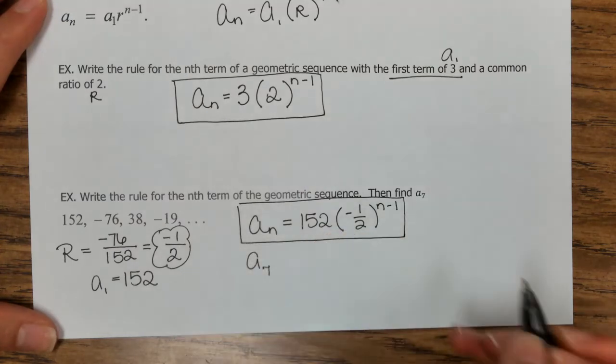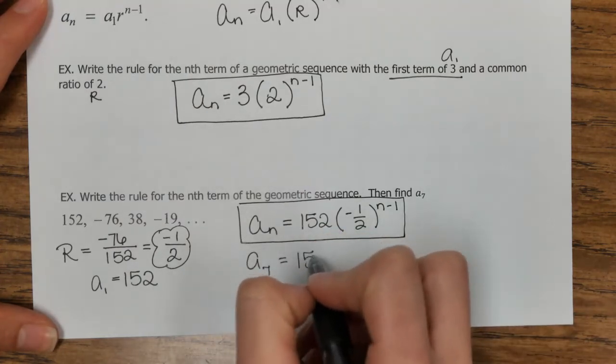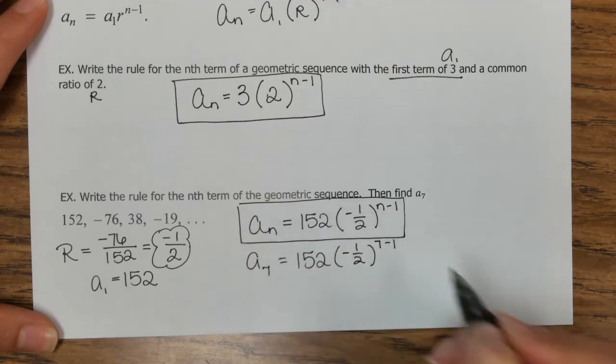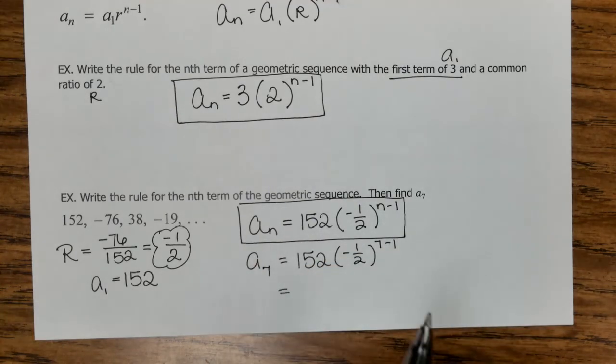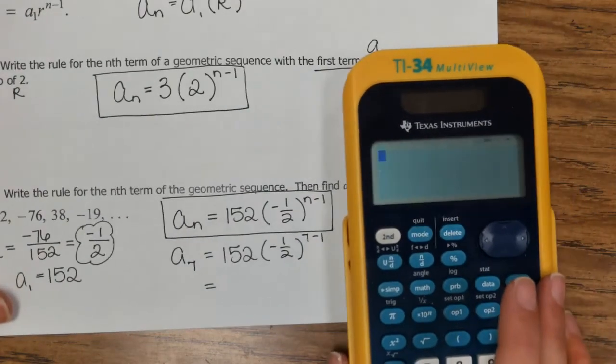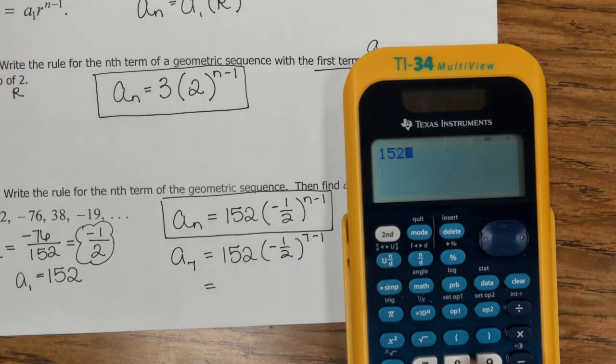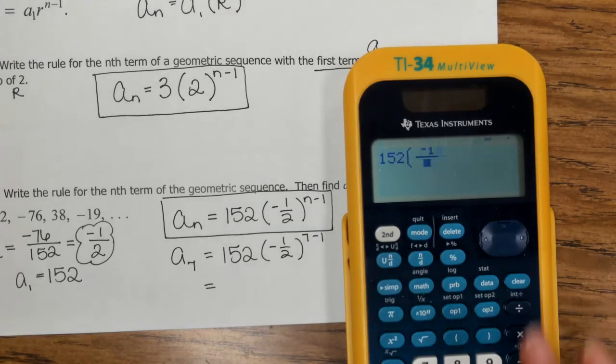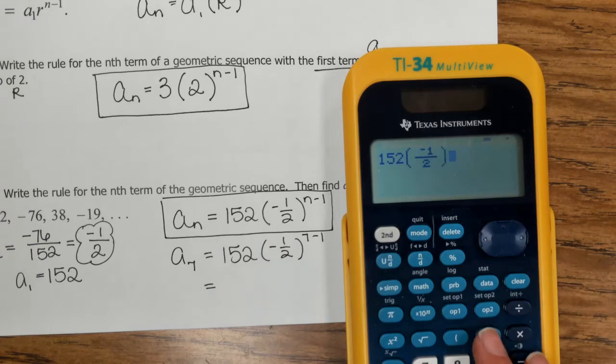That means I'm plugging 7 in for n. You can type that in your calculator exactly as you wrote it. So 152 parentheses, get your fraction template up, negative 1/2 raised to the 7 minus 1.